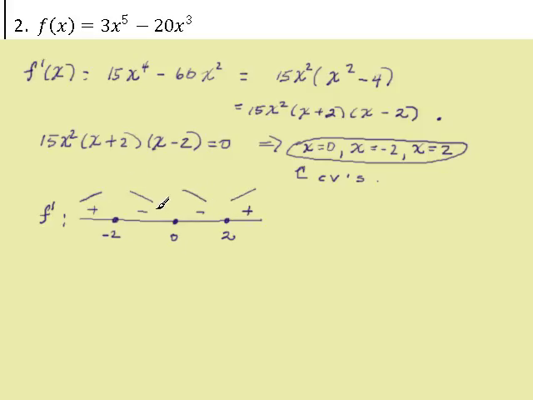Now because of this up-down pattern, that means here we have a max, here we have neither a max nor min, and here we have a min. So that is a max at minus 2, f of minus 2, we'll figure that out in a second, and a min at 2, f of 2.